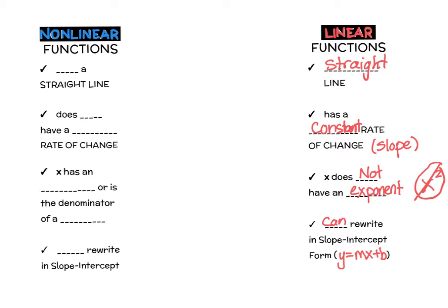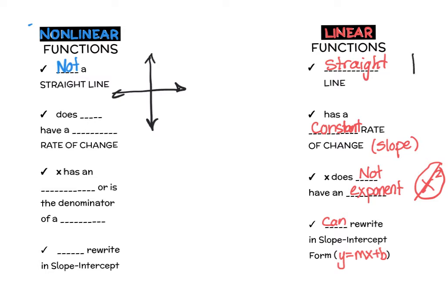Now, on the other side of the paper, we have nonlinear functions. So with nonlinear functions, the function does not produce a straight line. So on a graph, let's just do this real quick. We'll make one for linear and nonlinear.